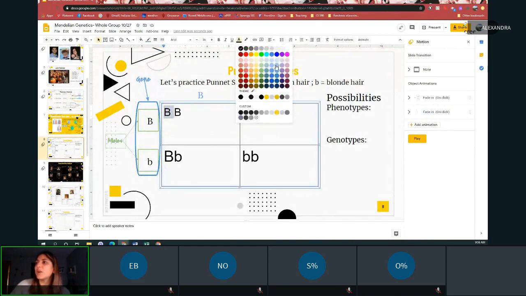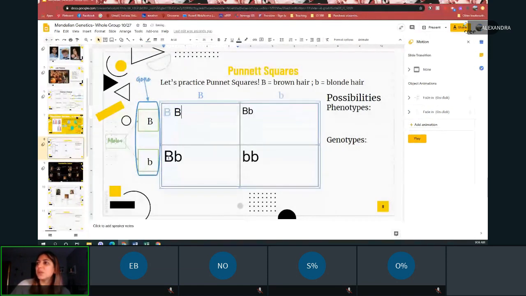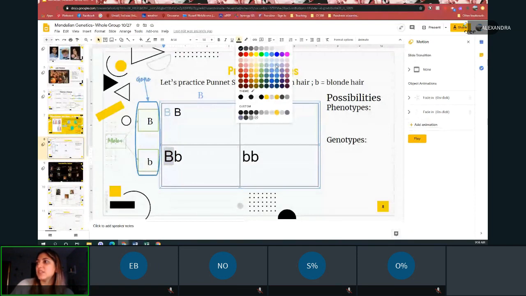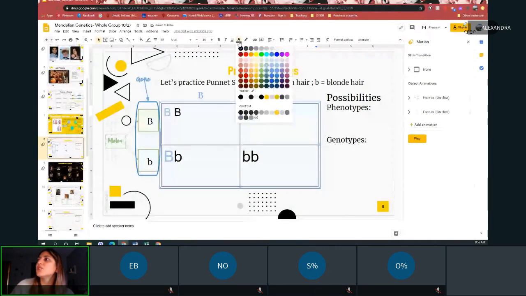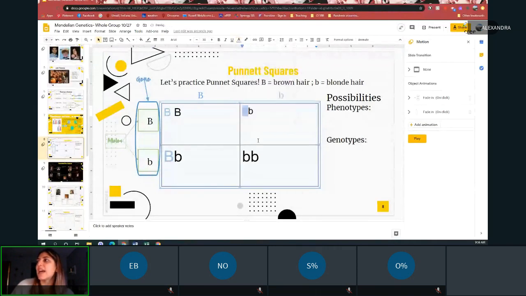But yes, so what I'm trying to do here is show you where Emmett was getting these letters. And remember, we need to get all of the possible combinations. So when we talked about it, at the end of meiosis, you're going to have 4 genetically different haploid cells. And that is what we're talking about here.